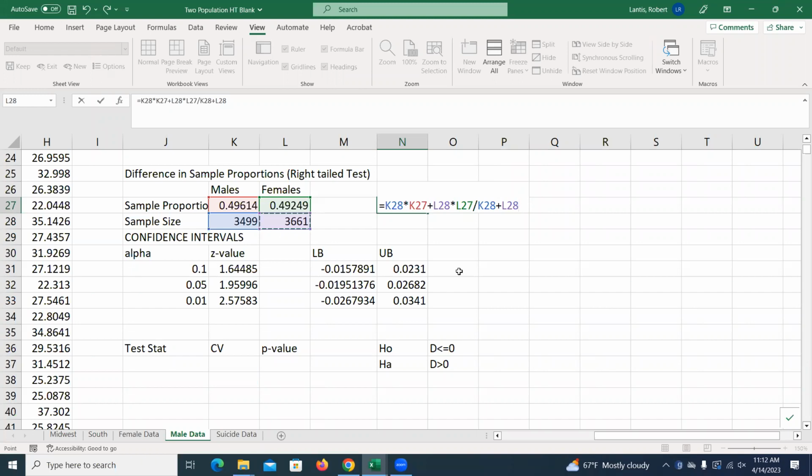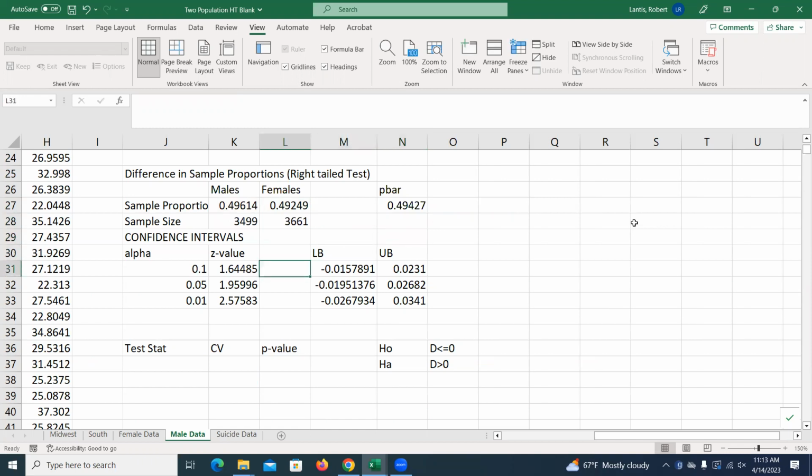So I need to make sure I've got my numerator in parentheses, and I also have my denominator in parentheses, making sure the order of operations works correctly. Order of operations still matters in Excel, so we need to keep a close eye on that. Okay, I've now got this weighted average between these two sample proportions.